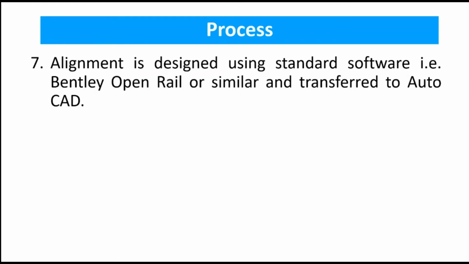Then the alignment: after picking up the center line coordinates, the alignment is designed using standard software like Bentley OpenRail or Civil 3D, and they are transferred to AutoCAD. From that we will get the center line design coordinates of the track.